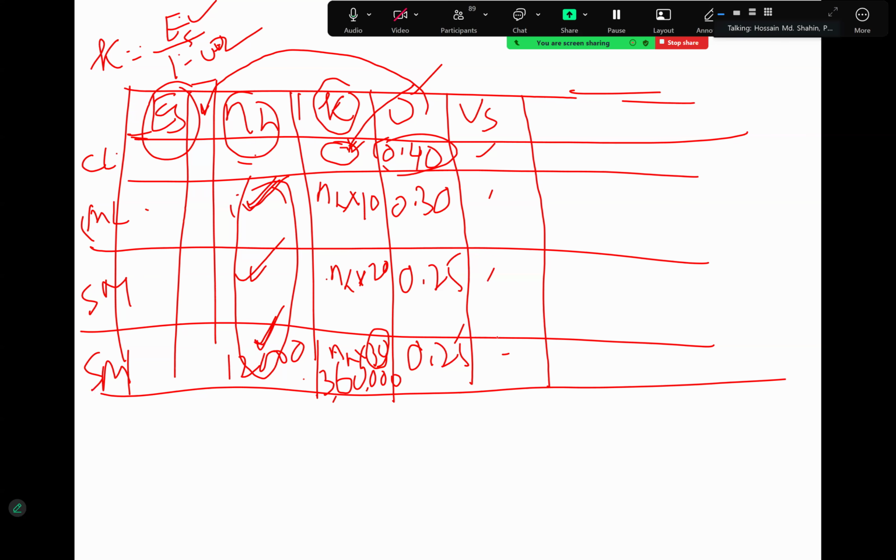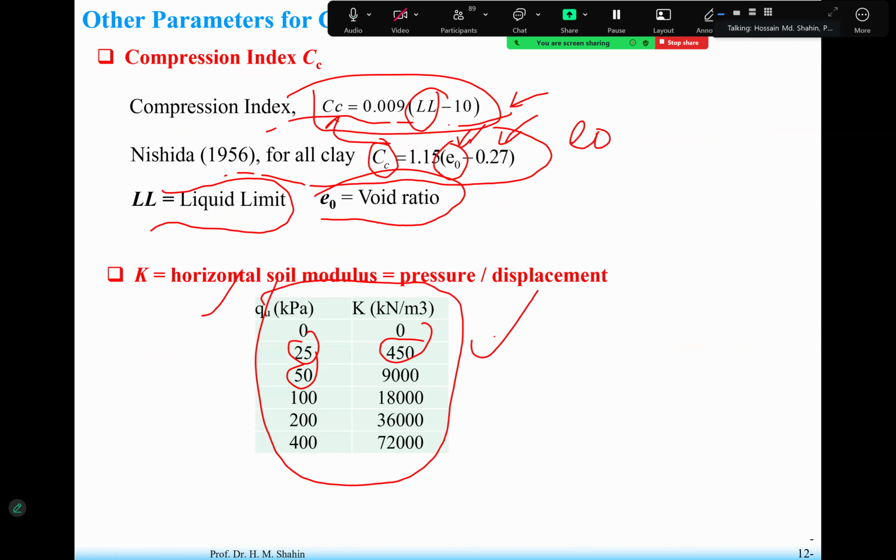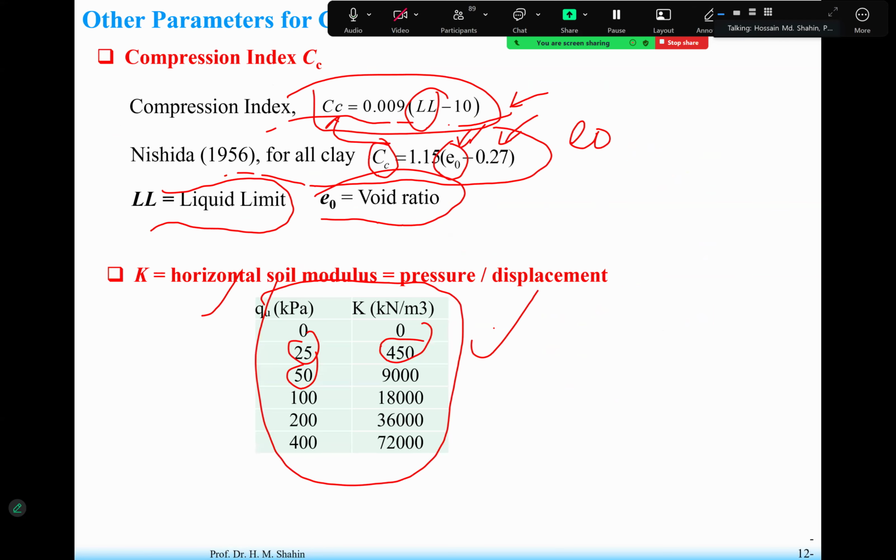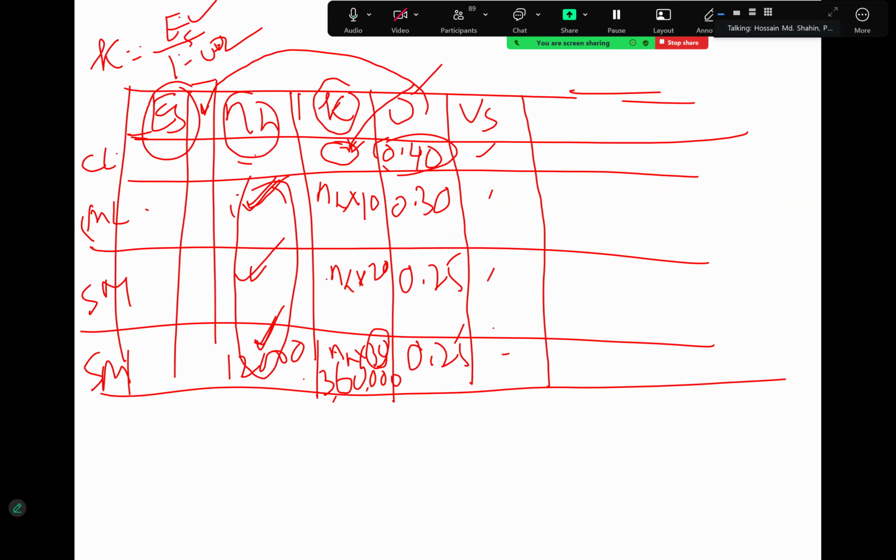VS, that is shear velocity, in meter per second. Using this equation, you just put the values and get VS, and then G max, because G max is required.